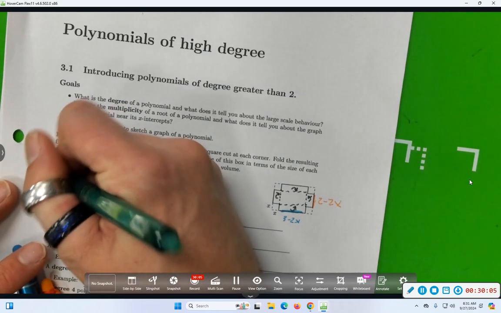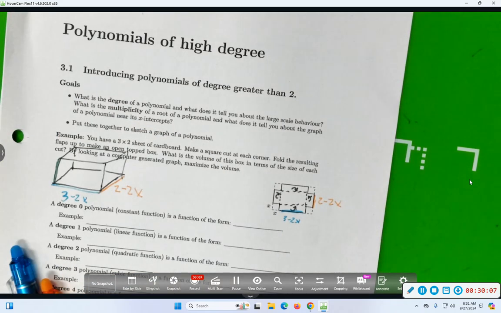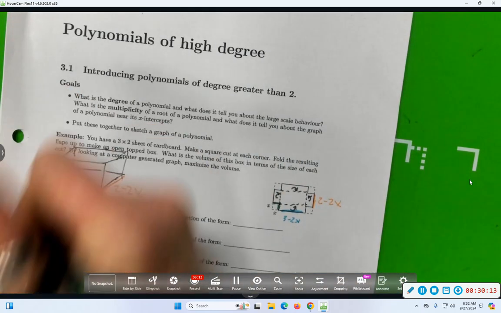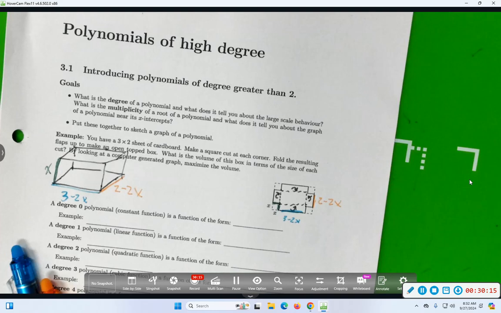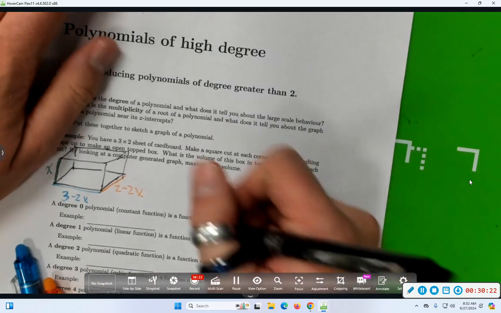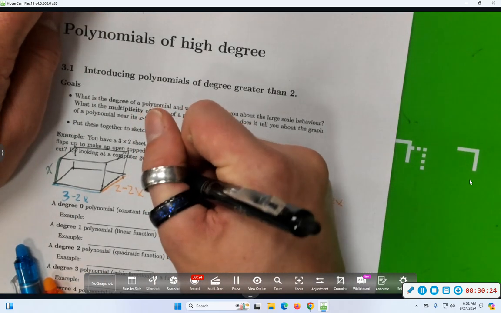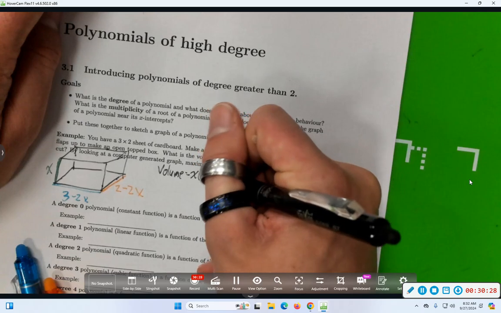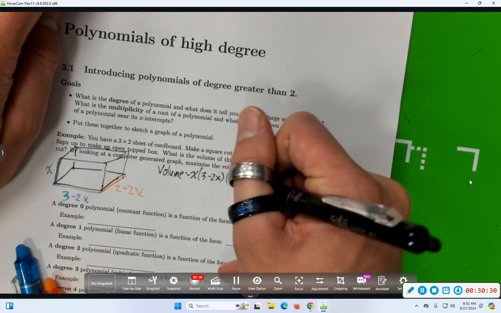What's the height of that box? Just x. This length that you fold up is the height. Is that enough information that you can now write down the volume of the box? It's the product of those things. So it sure looks like the volume is x times 3 minus 2x times 2 minus 2x.